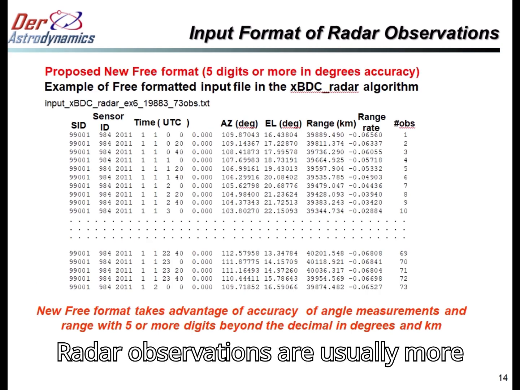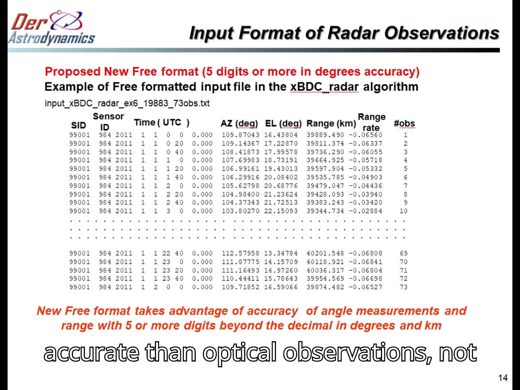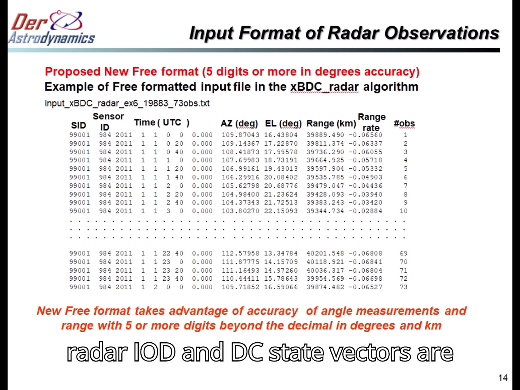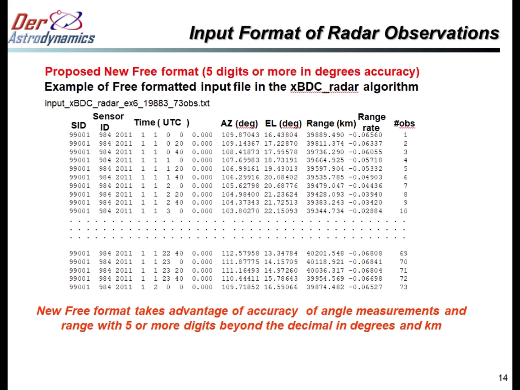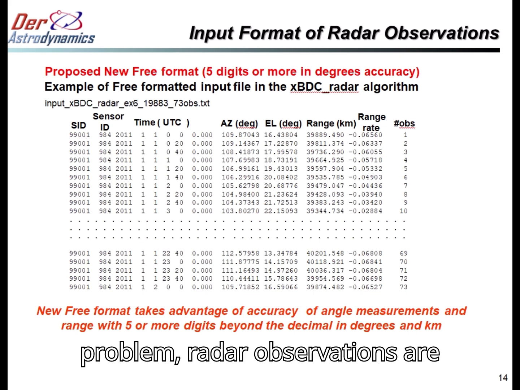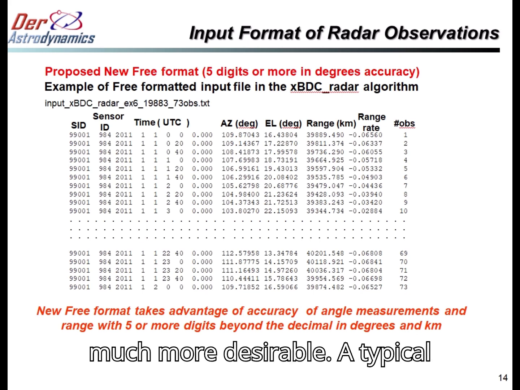Radar observations are usually more accurate than optical observations, not to mention weatherproof, and therefore radar IOD and DC state vectors are usually more accurate than those of the optical. If accuracy is important and cost is no problem, radar observations are much more desirable.